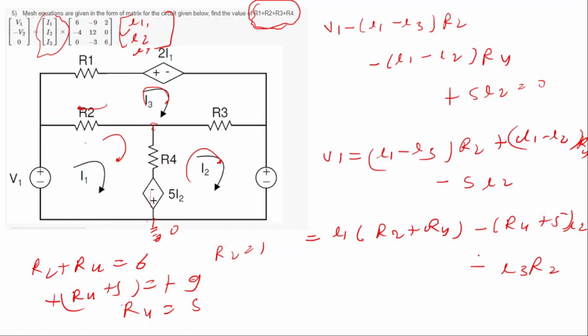Now this R2, if we compare, I think it's times 3, I1 minus I3.